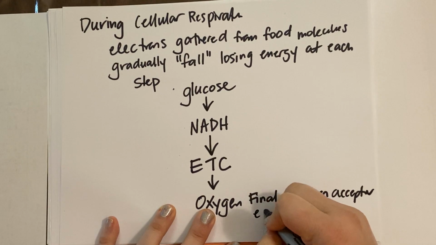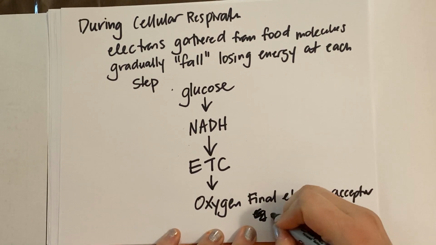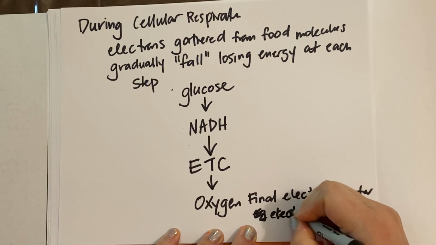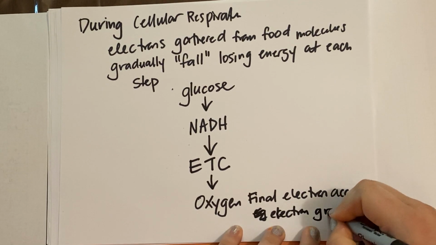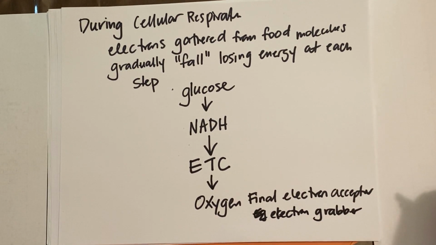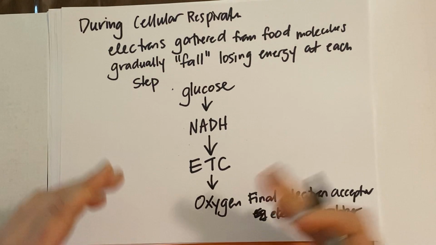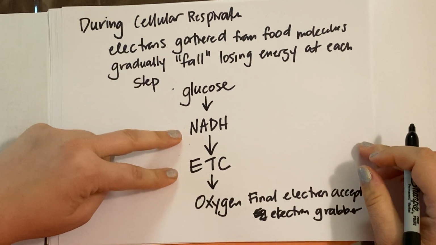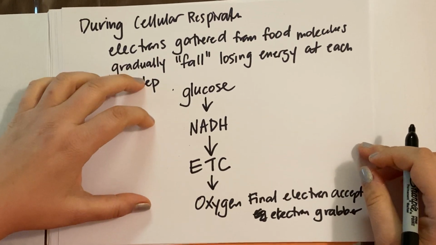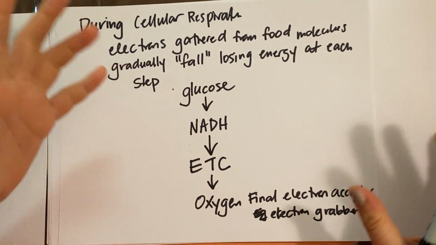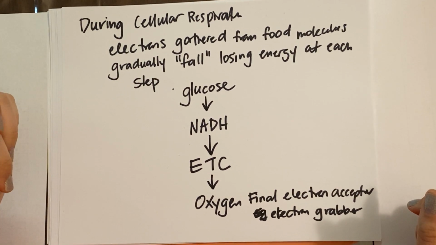It is what we call an electron grabber. It really is attracted to electrons. It wants to fill up, since oxygen has two extra spots in its outer shell, with electrons.